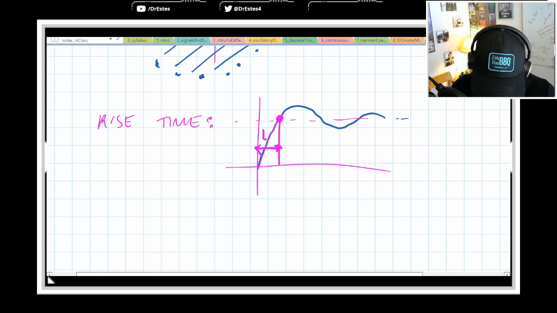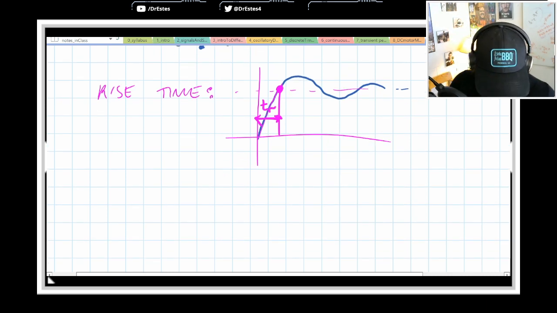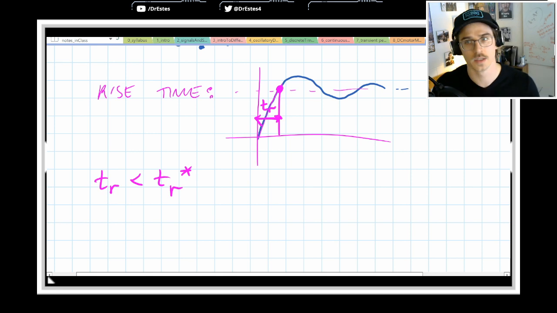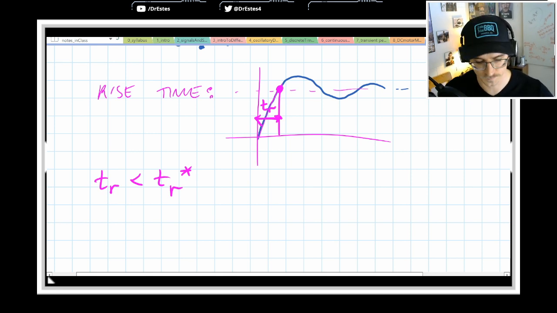So it's this time right here. Typically the way our constraint's going to work is we're going to say, I want a rise time less than something. We'll call it TR star.